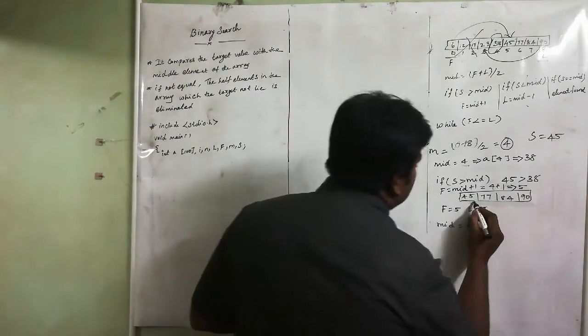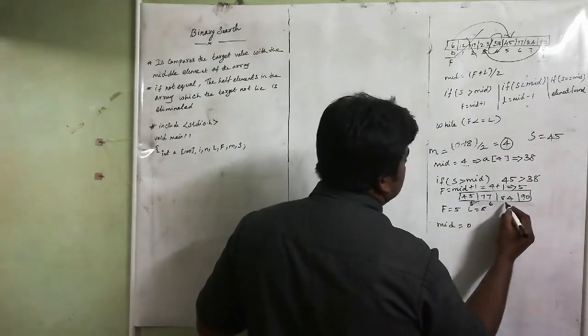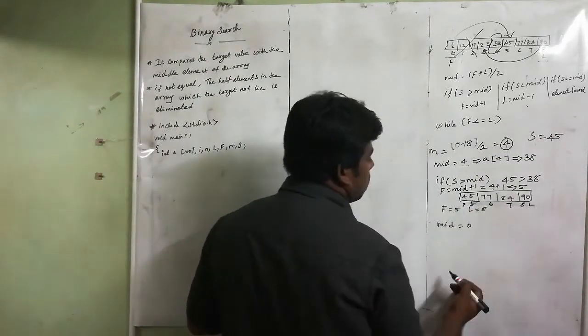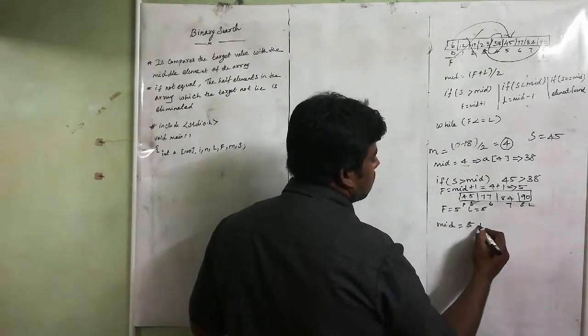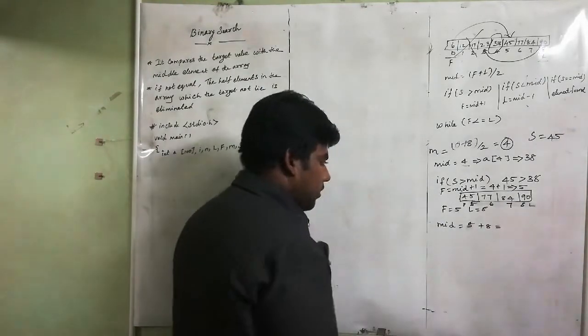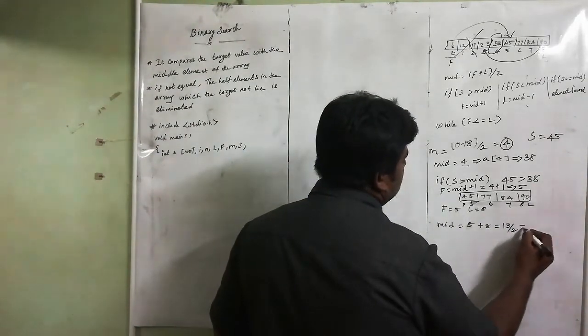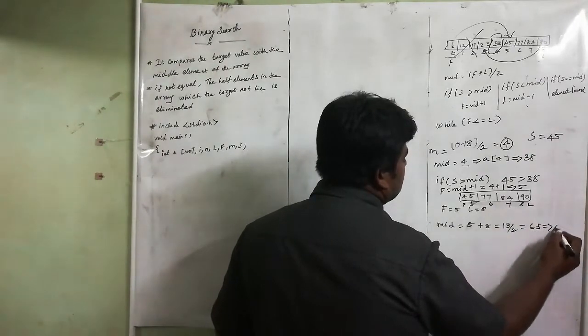So what's the index of 45? 5, 6, 7, 8. This is the first, this is the last. So now mid equals (5 + 8) divided by 2. How much? 13 divided by 2. You will get 6.5 something, so you have to take 6.